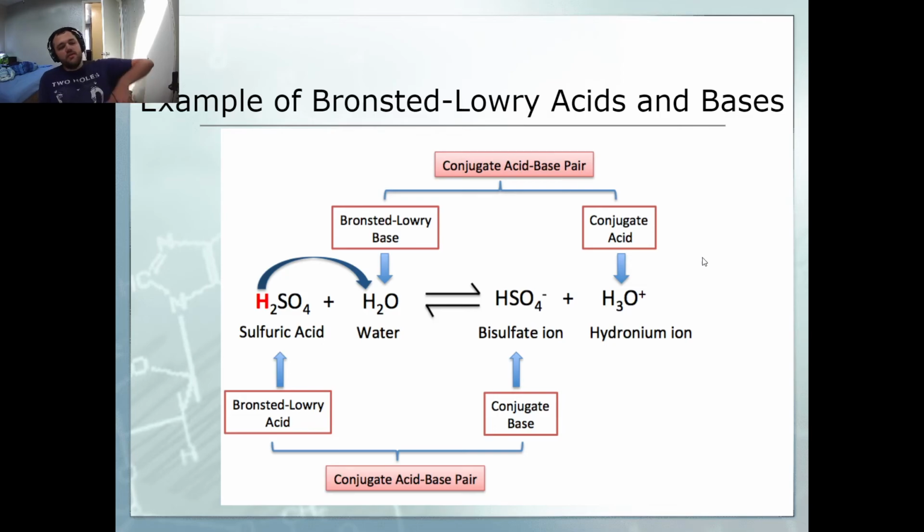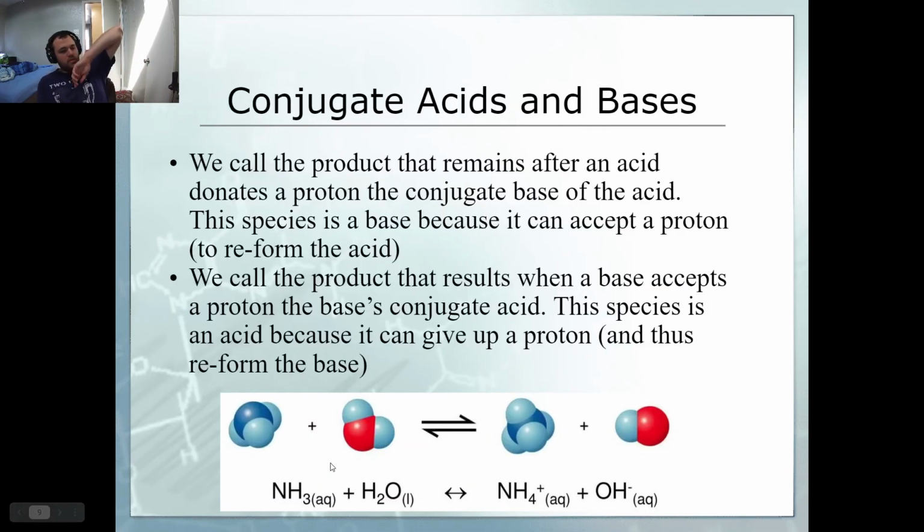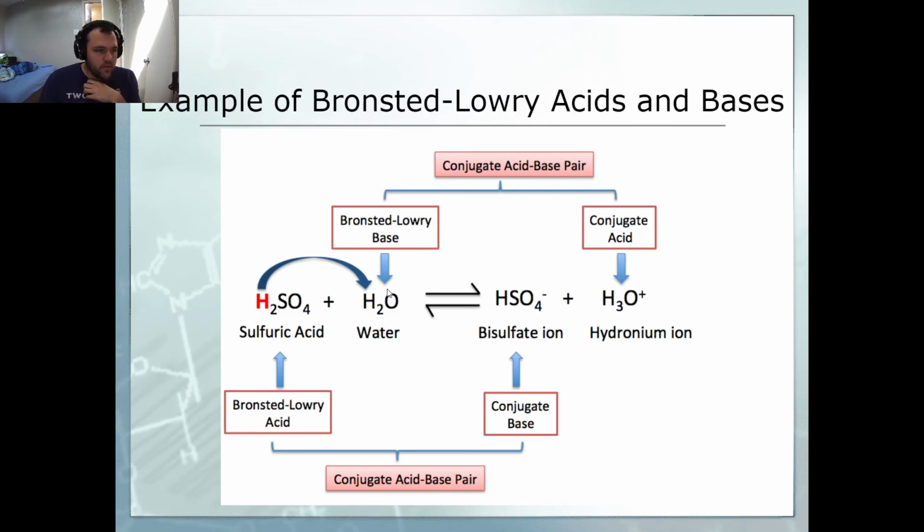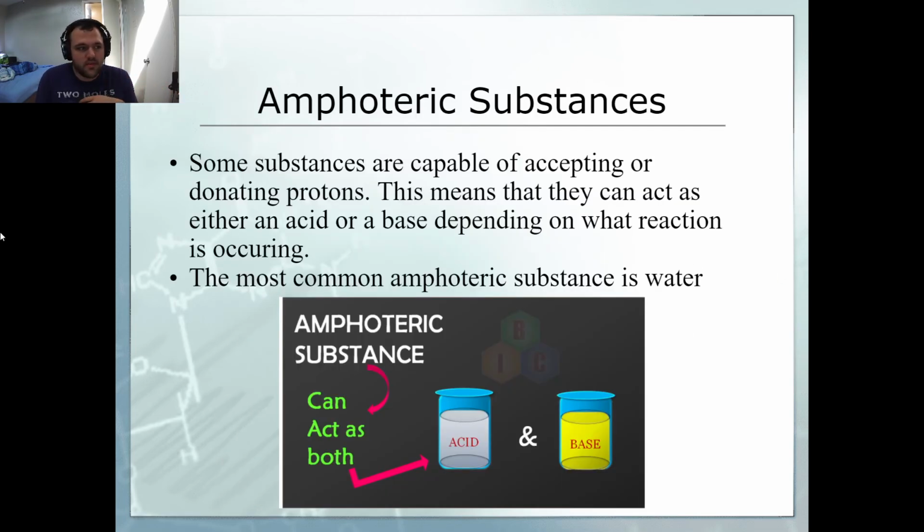You might notice on these two slides, on the first one we said that our water was acting as an acid. And then on this one, we said our water was acting as the Bronsted-Lowry base. So how can that be true? It can do both things. That is one really cool thing about water that makes it unique: water is amphoteric.